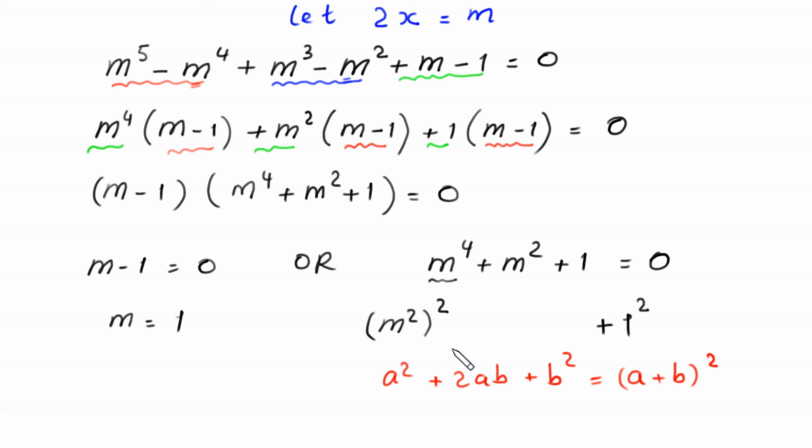We have m squared as a and 1 as b. So here we write plus 2 times m squared times 1. Because in the original expression we have m squared and here we have 2m squared, to balance this we subtract m squared from this expression is equal to 0.